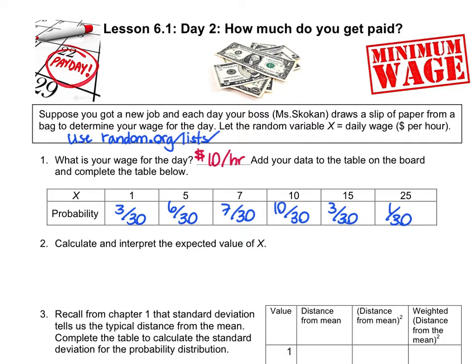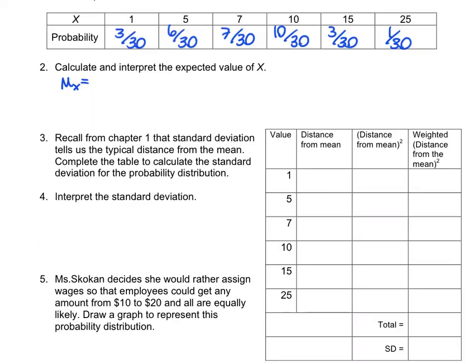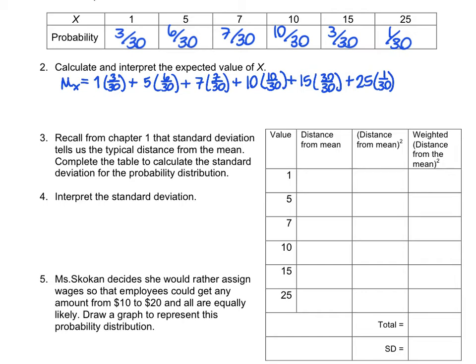Now, the next thing that we want to do under number 2 is to calculate and interpret the expected value of X, which, remember, means the mean of the probability distribution. When we do that, we want to definitely show all of our work. And you may remember from the previous lesson that in order to find the mean of the probability distribution, we're going to multiply each outcome by the probability of that outcome, creating a weighted average.